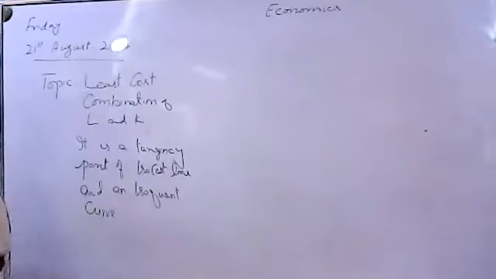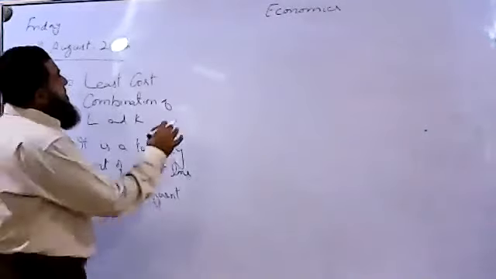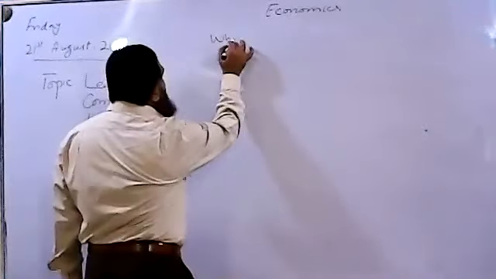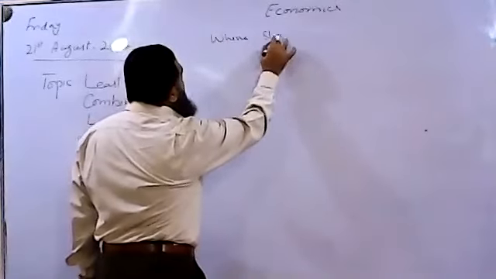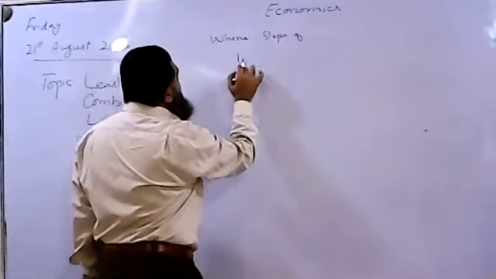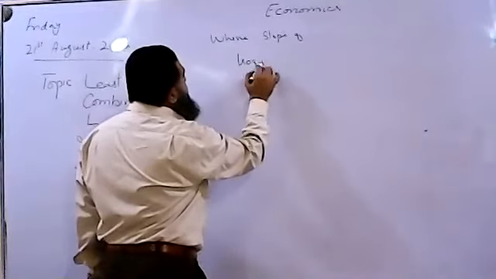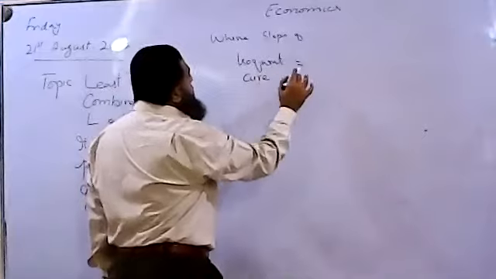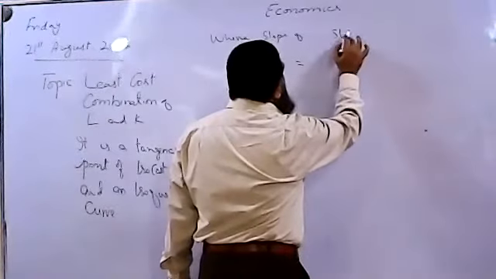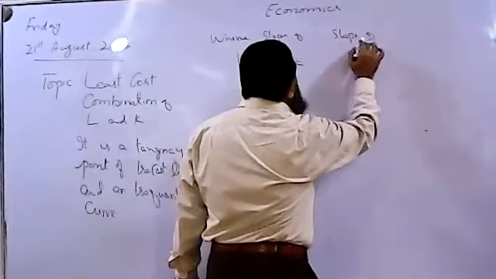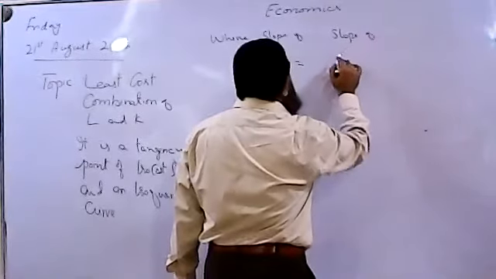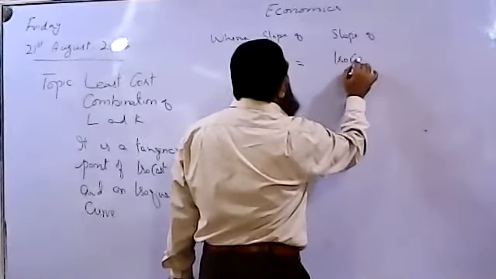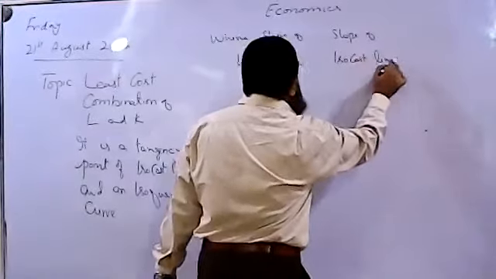Or we say where the slope of the isoquant curve is equal to the slope of the isocost line. That is the tangency point.